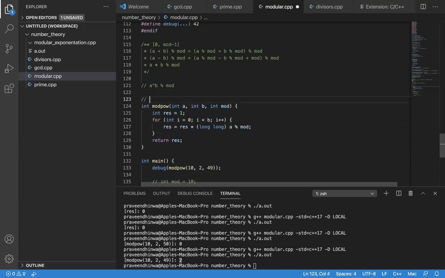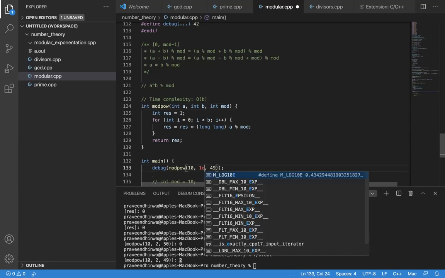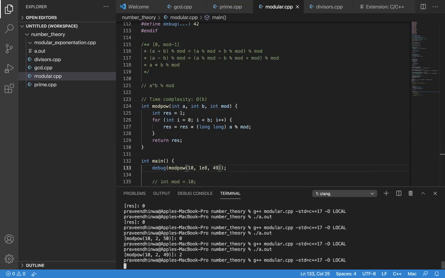So what is the time complexity of this basic approach? Order of b. So suppose b is, let's say, 10 power 8, then how much time will it take? It will take a lot of time. Let's see.